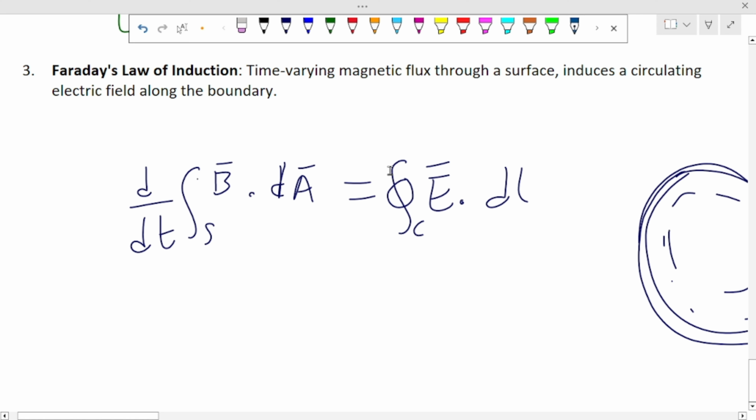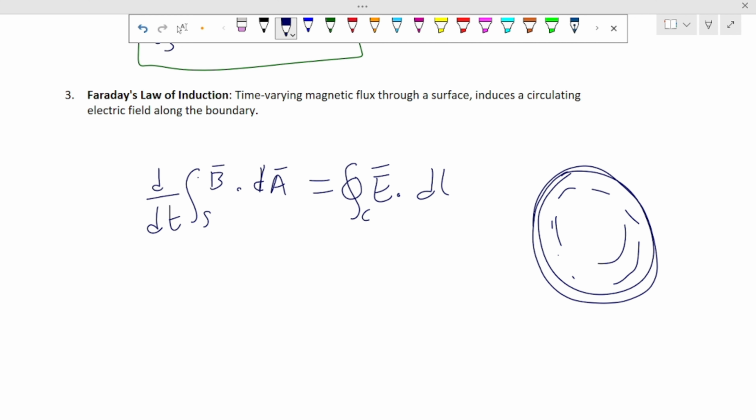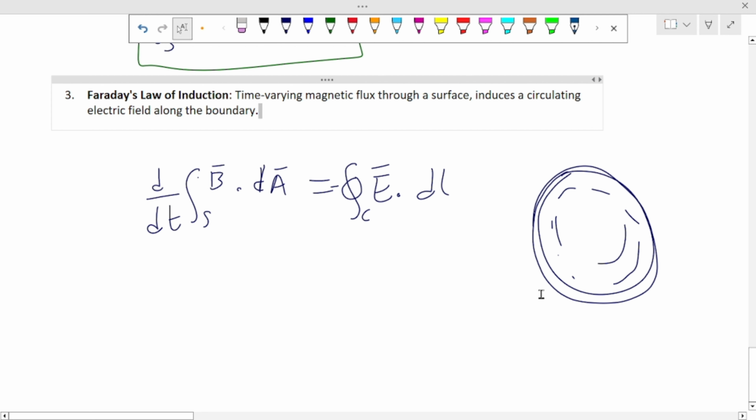Also note that when we were doing the differential form, we said that this electric field circulates opposite to the magnetic field, meaning we are going to have a minus sign here, just like in the previous one. So this can also be written when you just switch the sides. Take this one this way, take this one this way. It can also be written as, let me just copy the whole thing.